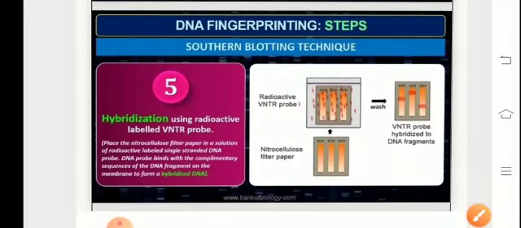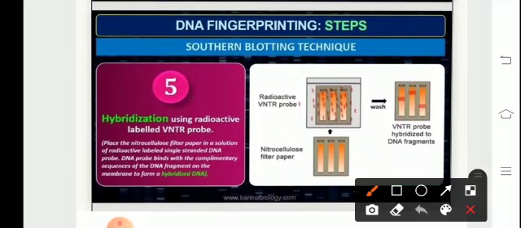The next is the hybridization by using the radioactive variable number of tandem repeats probe. So here the radioactive VNTR probes have been labeled, the extra probes have been washed, and the VNTR probes which are complementary will hybridize with the DNA fragments.